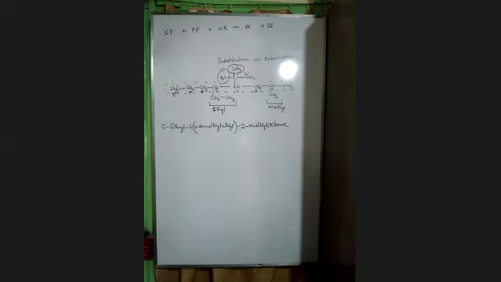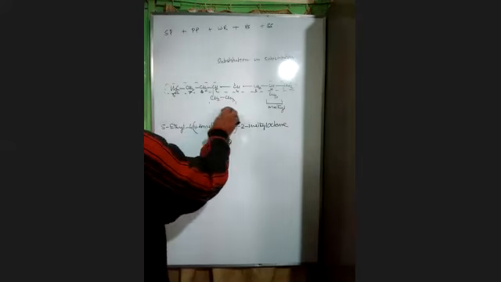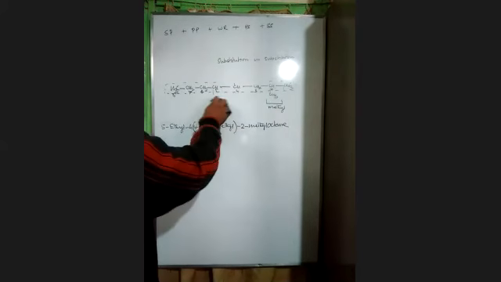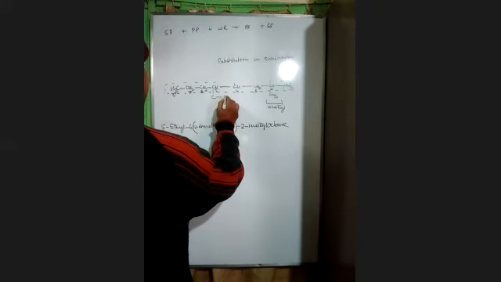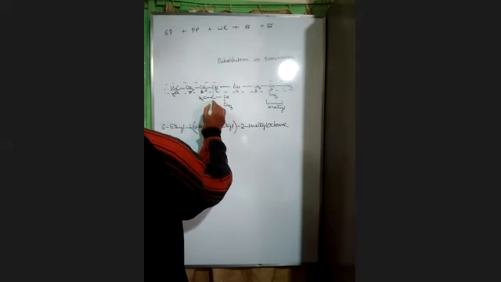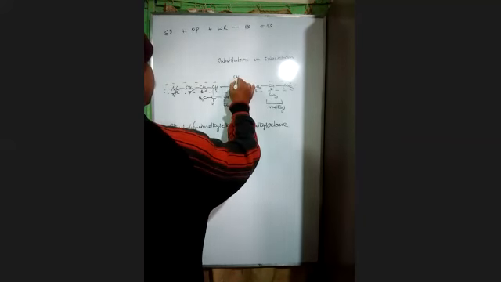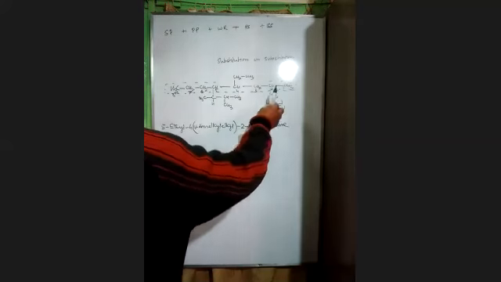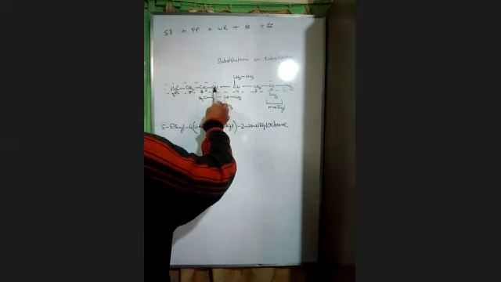Say it is this. Okay. So let us count. 1, 2, 3, 4, 5, 6, 7, 8. 1, 2, 3, 4, 5, 6, 7, 8.